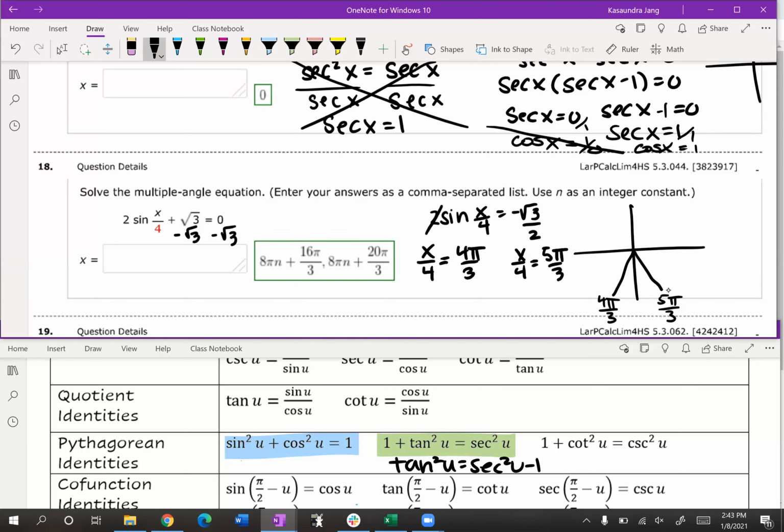So if I solve for the x, if I multiply by 4 on both sides, it looks like the first solution is going to be 16 pi over 3. And this next solution, again, if I multiply by 4 on both sides, I get a 20 pi over 3. Okay, so that's where they came up with these.